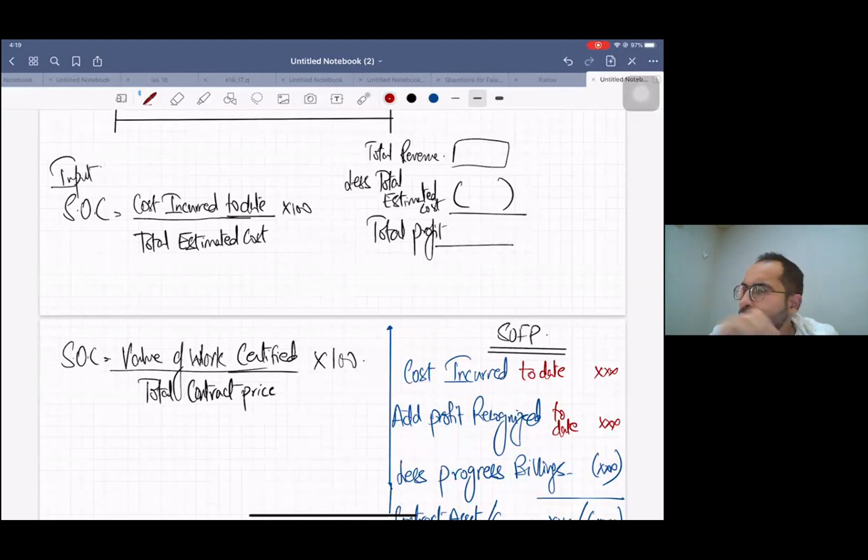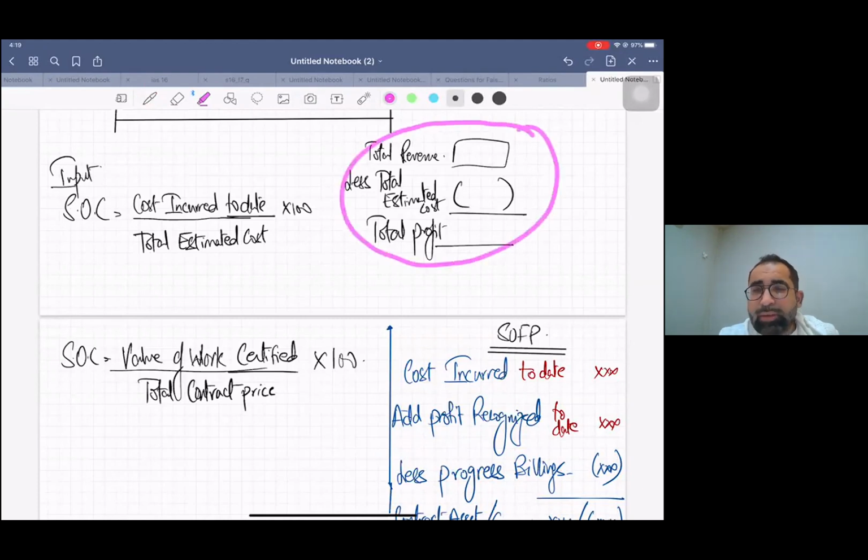The first key step, sometime even I say this is the king step. Always check that the contract is in profit or loss. And for this step, you need to use total numbers. Total revenue less total estimated cost.